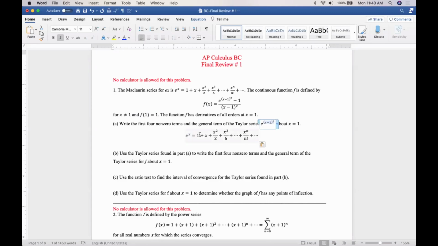Can you please do this substitution, including the general term and the first 4 terms? They want the first 4 terms and the general term about x equals 1. This is going to happen by just simple substitution. Let's do it. I'm giving you like a minute to write down the answer, okay? And then I'll go over it.